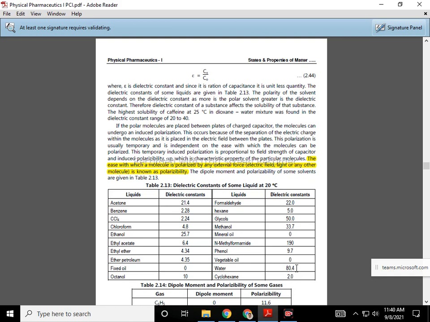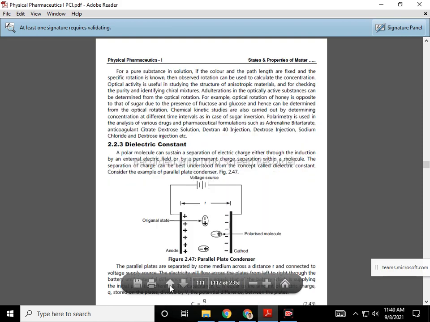So this is the base of this concept. Now next, remove the water and place some other non-polar or less polar molecule.